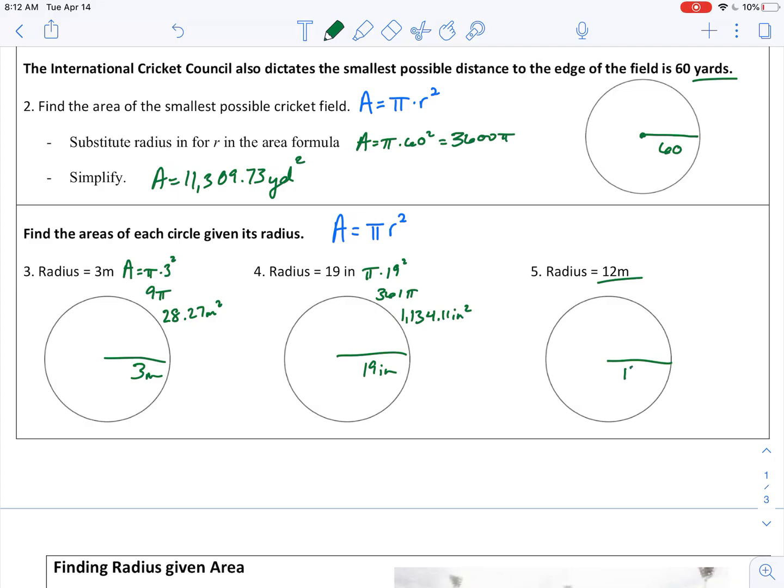And why don't you guys take a second, pause the video, and try that last one for me. This is my radius. So my radius is 12 meters.